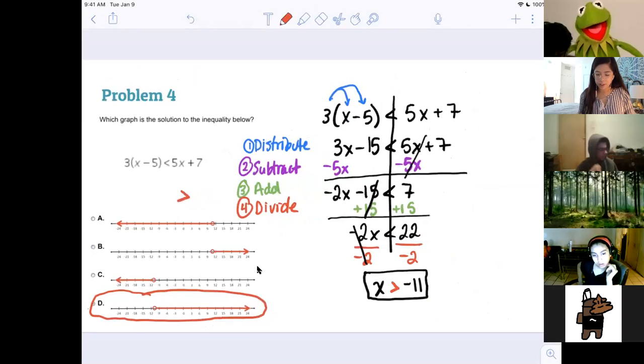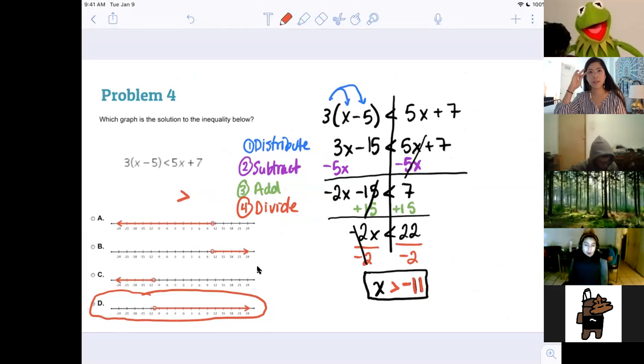So do I have any questions so far before I ask you guys to try it on your own? Miss, can you explain again why the sign flips? Sure, definitely. The reason our sign is going to flip is because whenever you're multiplying or dividing by a negative number, notice I went from a positive 22, and then when I divided by that negative, I got negative 11, right?